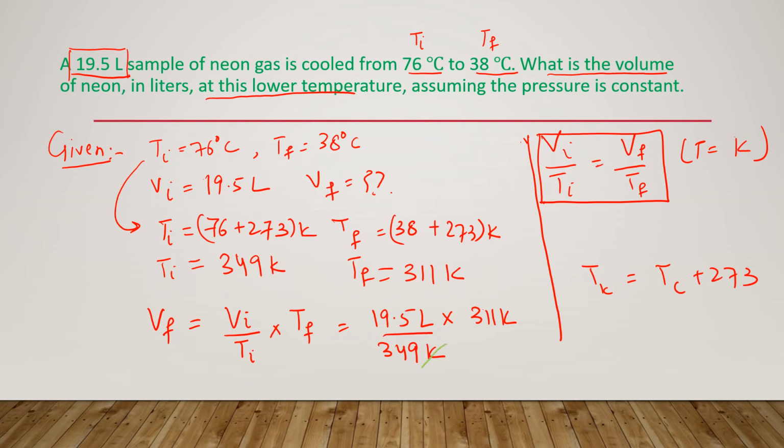Kelvin cancels with Kelvin, and if we multiply the numbers and then divide, we get 17.4 liters. So that is the answer.